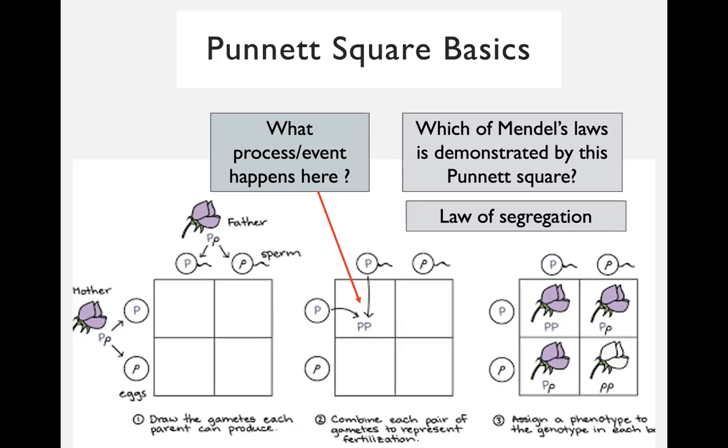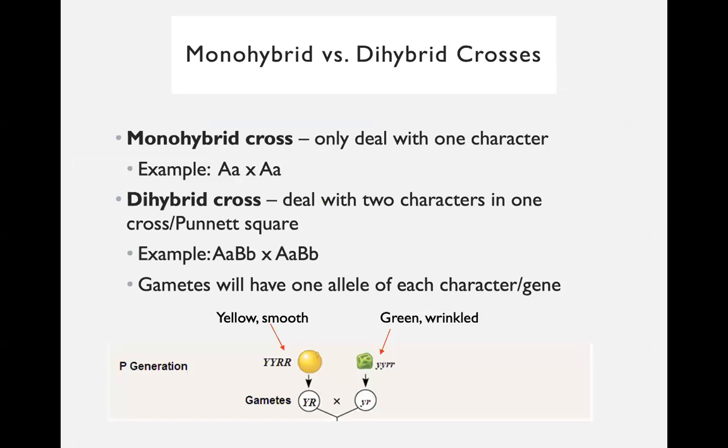And then here I have a reminder of the monohybrid cross. We're only dealing with one character. So in this case, one character, two alleles, but one character, say pea color. When we get into the dihybrid cross, we're dealing with two characters in one square. So we're going to go from 4 possible individuals to 16.